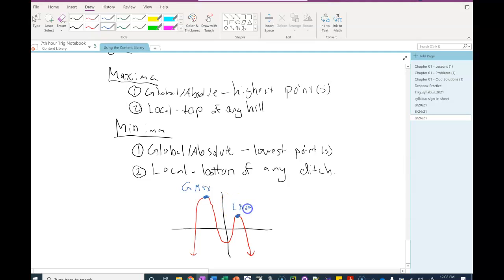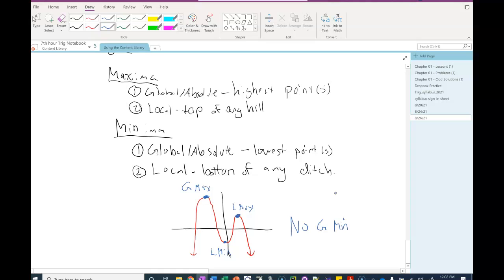So that's a local maximum. This point right here is the bottom of a valley, but it's not the lowest point on the graph because the arrows are still pointing down, right? So there's lots of points below this. So this is just a local minimum. There is no global minimum on this graph because the arrows are pointing down. Any point you pick, there's always a point lower than that one. So we just say there isn't a global minimum.